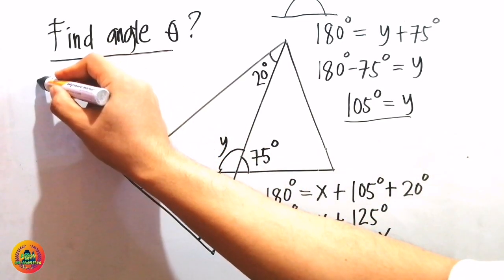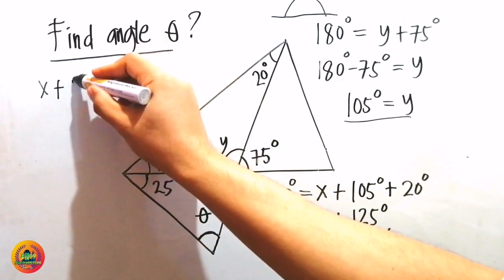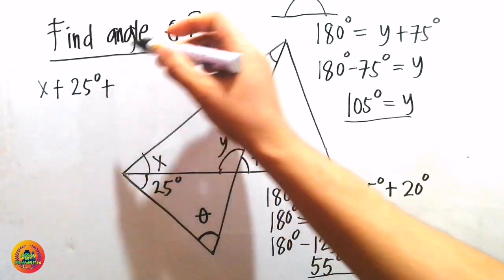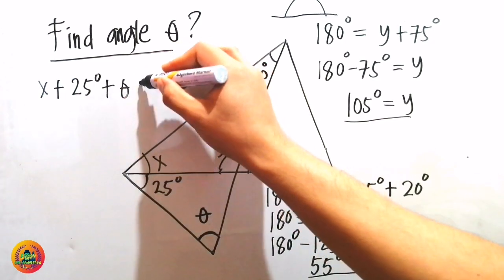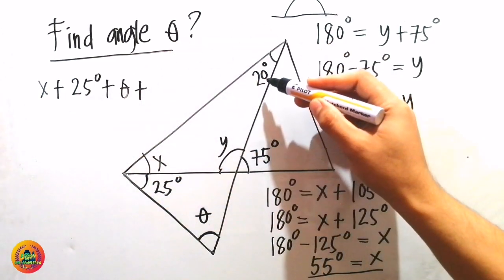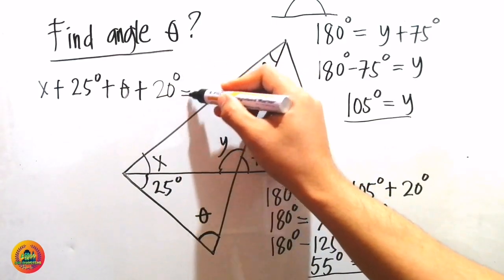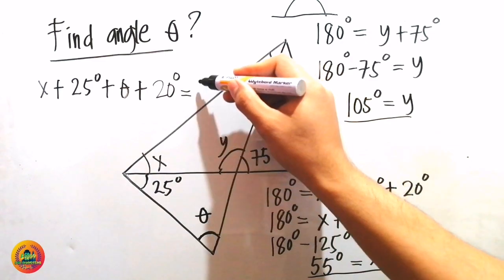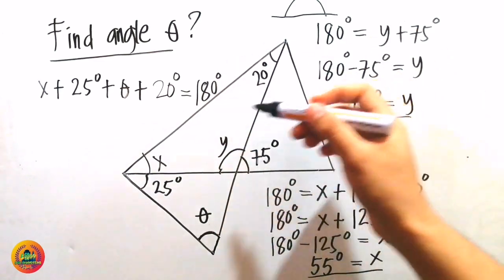So x plus 25 degrees plus angle theta plus 20 degrees is equal to 180 degrees, the sum of all angles inside a triangle.